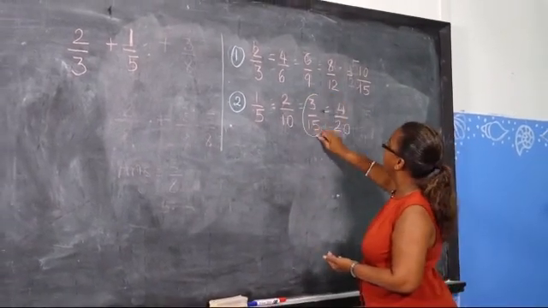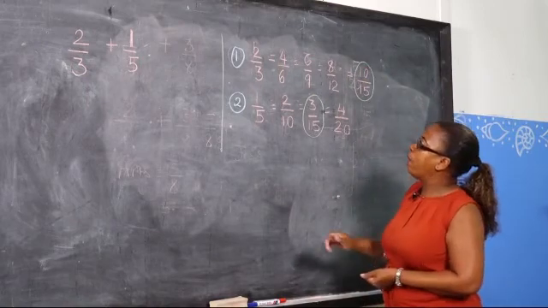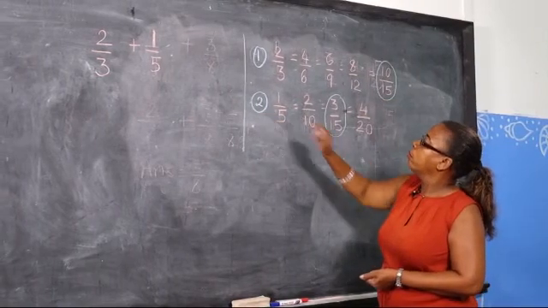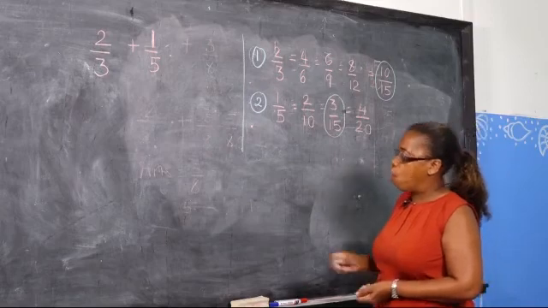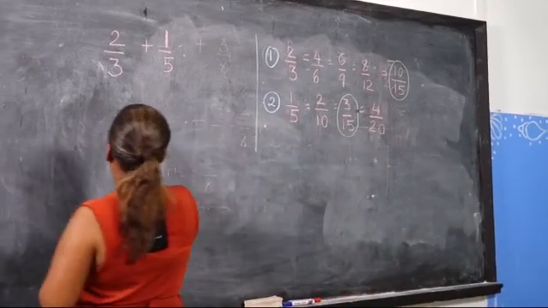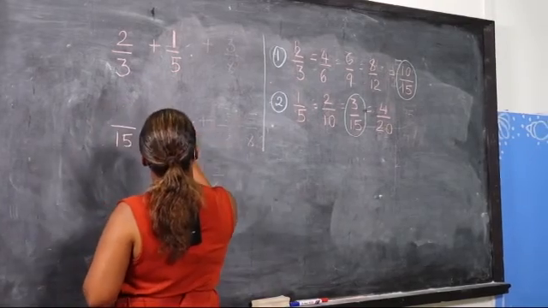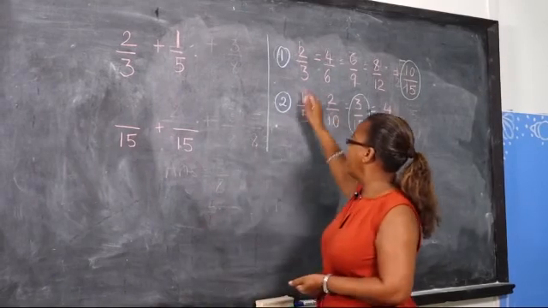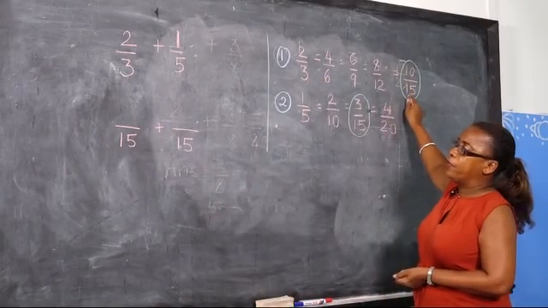Okay? When we look, we have 2/3, 15, 1/5, 15 as well as the denominator. Therefore, we will change both fractions into 15ths. So 2/3, there it is. How many 15ths? Is it 10/15?